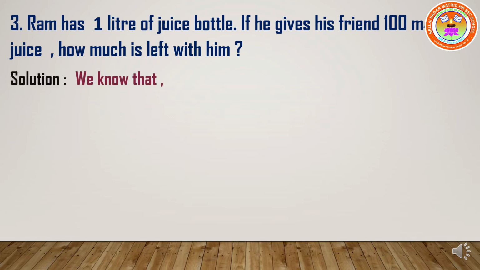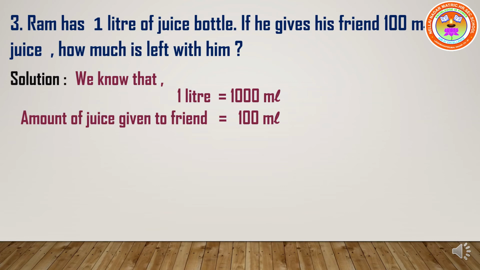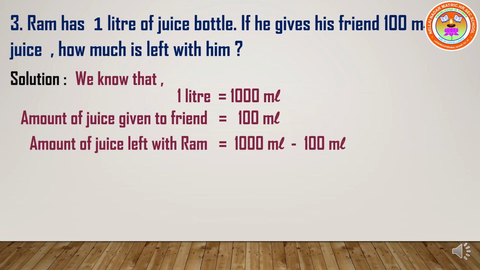Solution. We know that 1 liter is equal to 1000 milliliter. Amount of juice given to his friend is equal to 100 milliliter. Therefore, amount of juice left with Ram is equal to 1000 milliliter minus 100 milliliter.